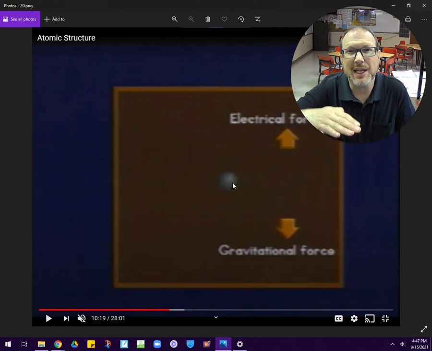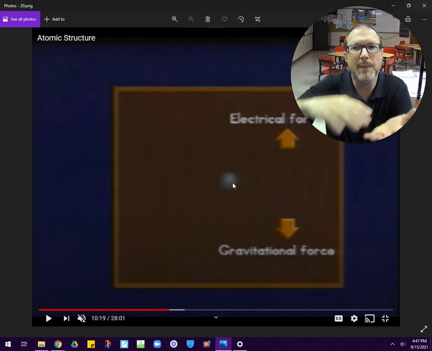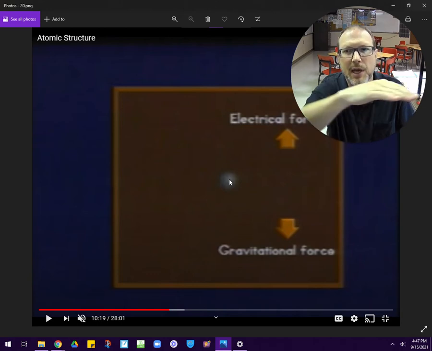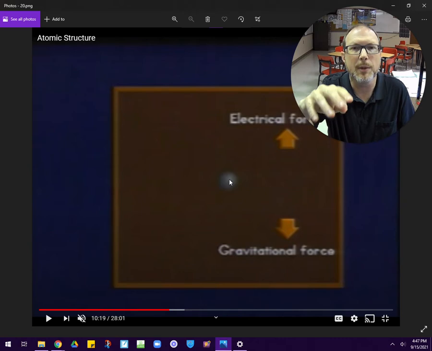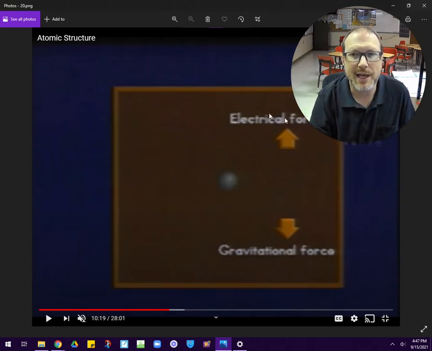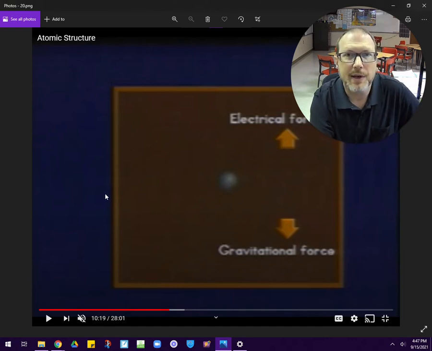By getting it to a very certain point, they were able to keep these oil particles from falling, but also keep them from going up toward that plate, and they balanced them to where they were just floating in midair. When they balanced them floating in midair, they then took the charge of that electrical force, so they suspended those droplets, and that let them figure out both the charge and the mass of those electrons.